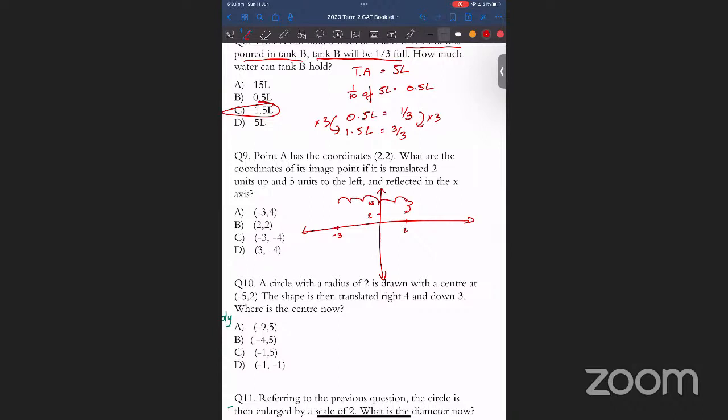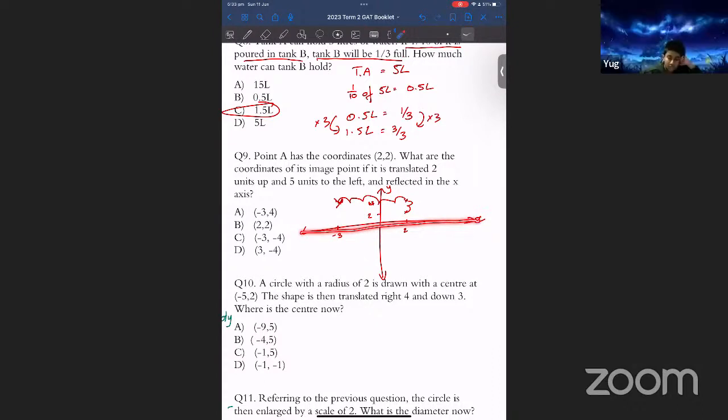Now, this is the axis. This is the x-axis, and this is the y-axis. Basically, this dot is reflected across this middle line. Do you remember when you were in kindergarten, you did those butterfly paintings?